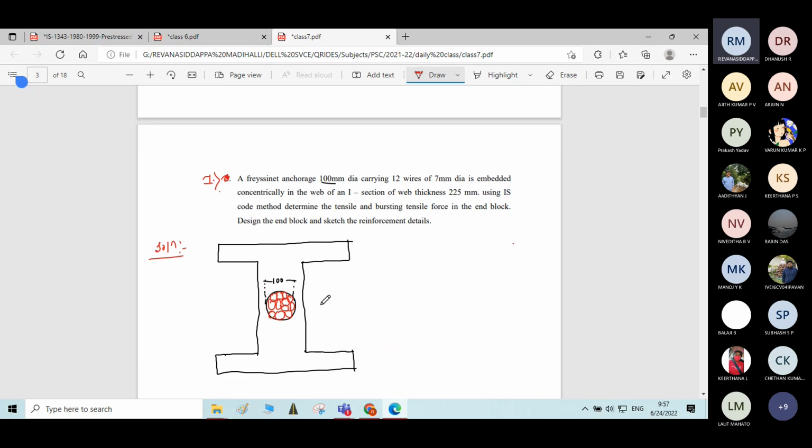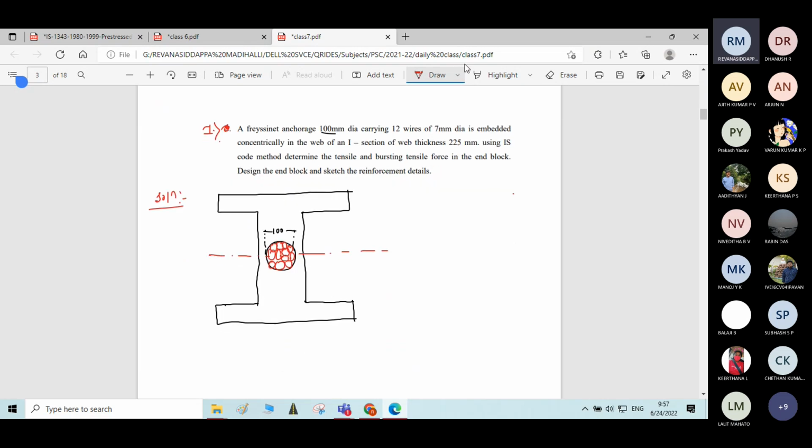And this Freyssinet cable is placed concentrically. Concentrically means along the central axis. At the central axis, it is placed in the web of the I section, with web thickness 225.